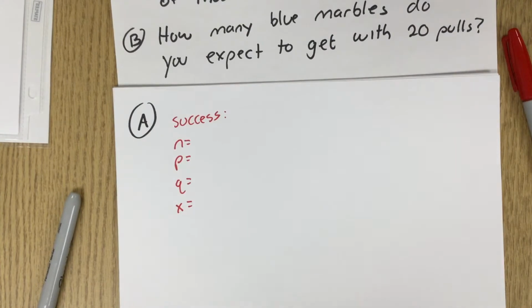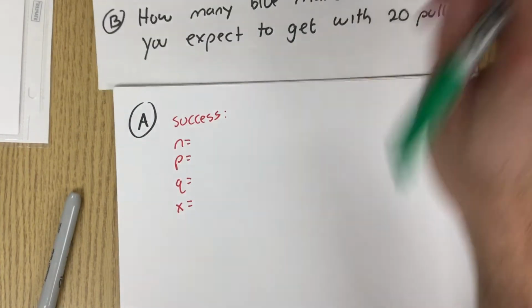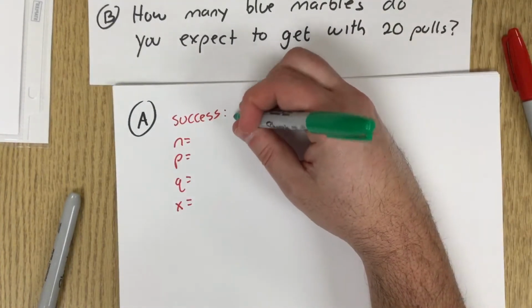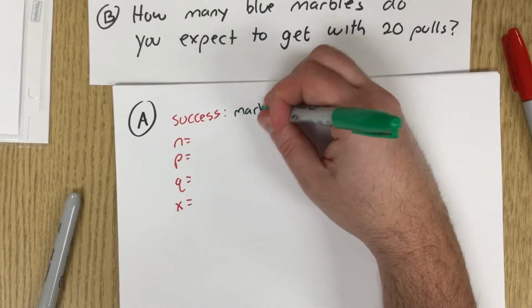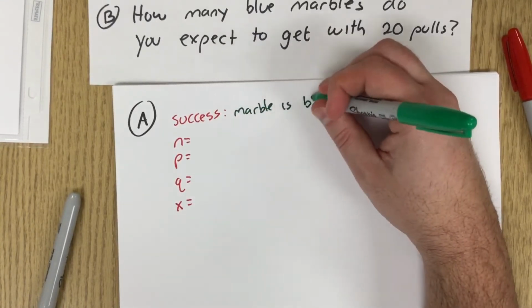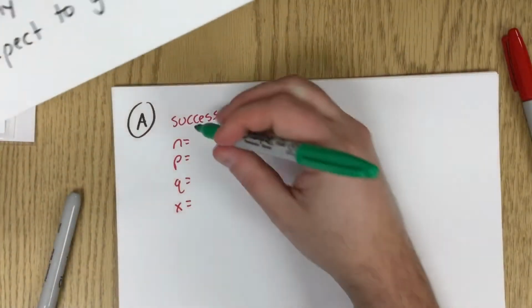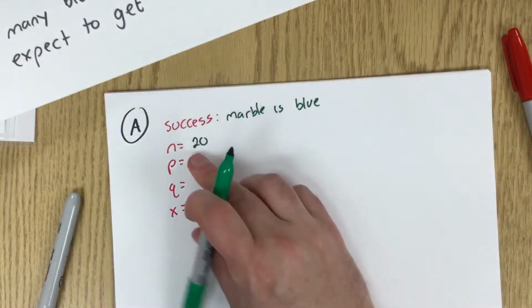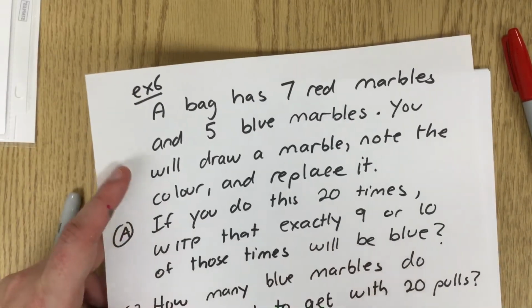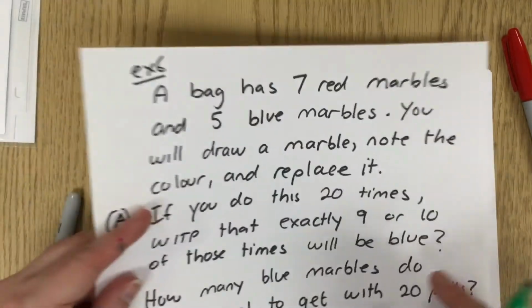So success is going to be, we want it to be blue. So marble is blue. Remember, the success is for one trial only. How many trials? We're doing this 20 times. So it's going to be 20. P is the probability of success. We're saying success is a blue.